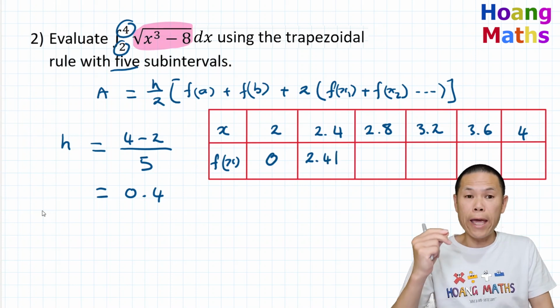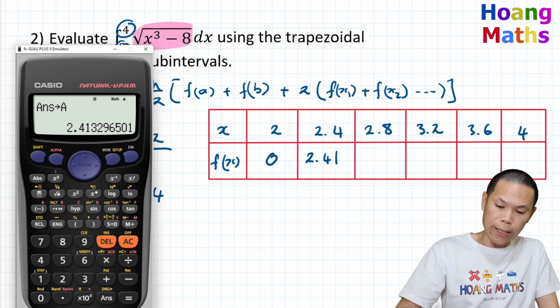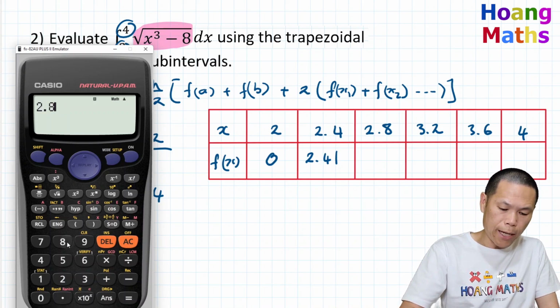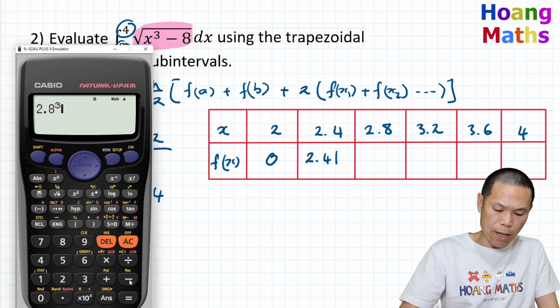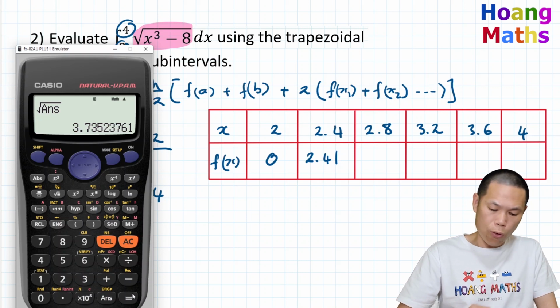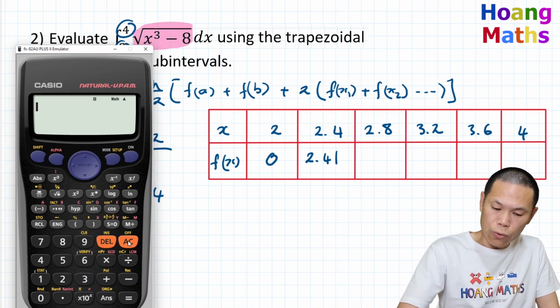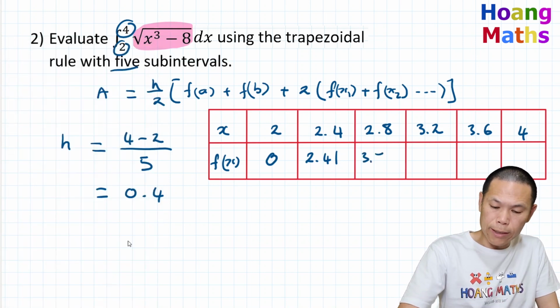When x is 2.8, that is f of 2.8. So 2.8 cubed, minus 8, equals, square root, answer. So 3.74. Let me store that in memory B first: answer, shift, store in memory B. So 3.74.